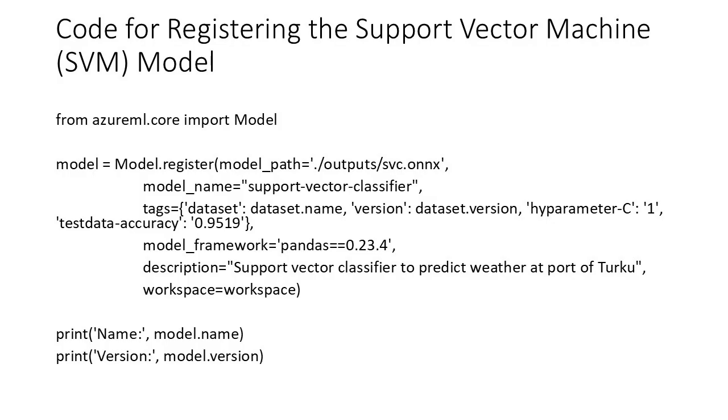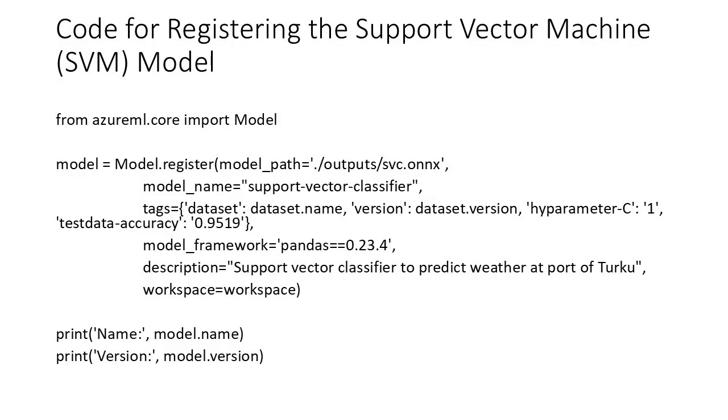Then you are registering: Model.register, with model_path, the output registered file as svc.onnx. Then you specify the model name; support vector classifier is your model name.